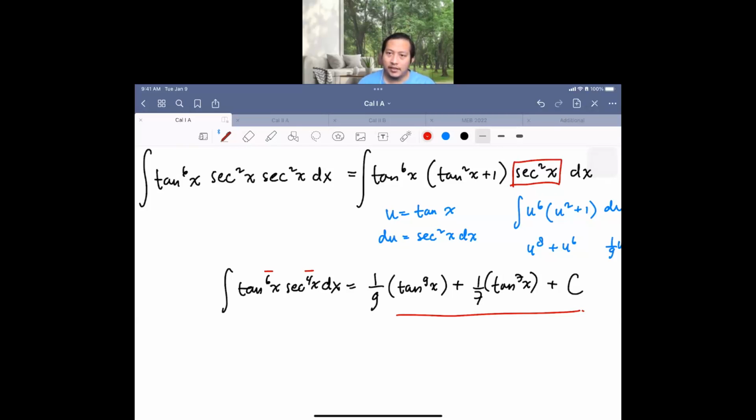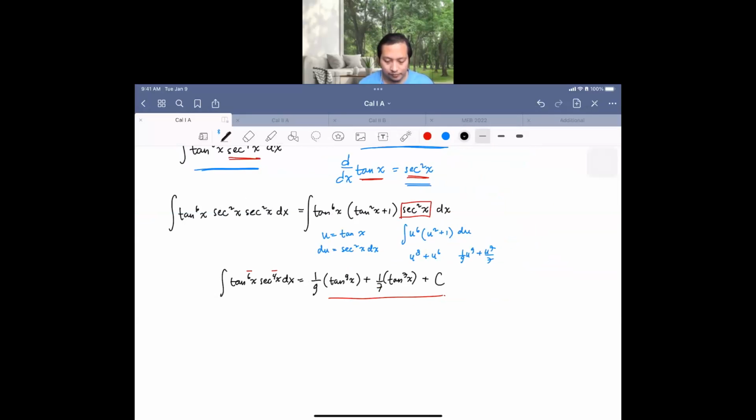Now the second example for the tangent and secant: what if it's not an even number, but an odd number for the power? So let's say we have tangent with power of 5 and secant with power of 7.